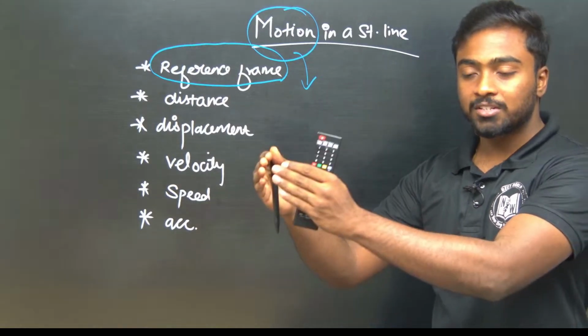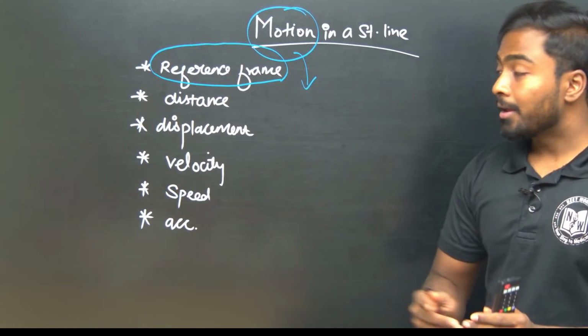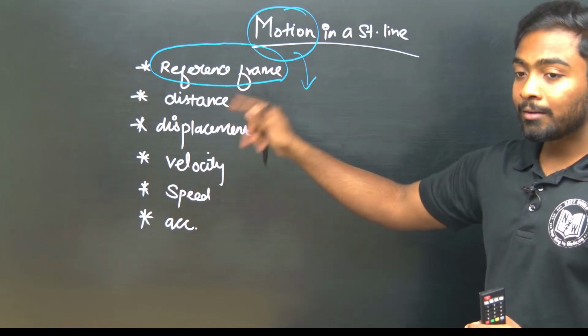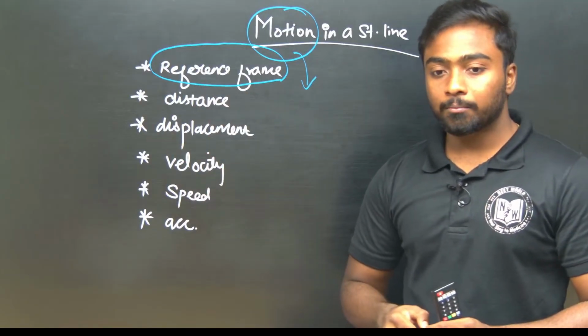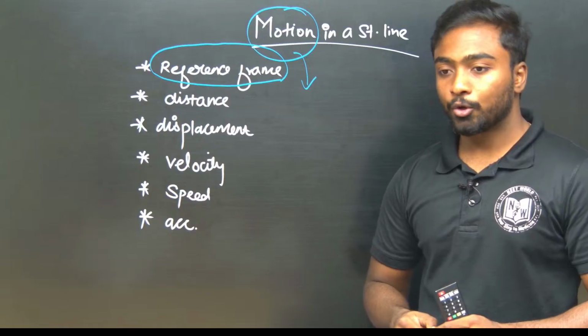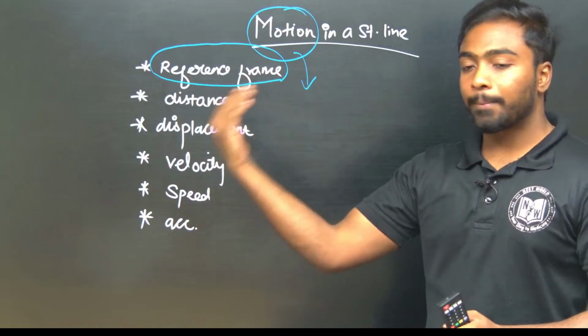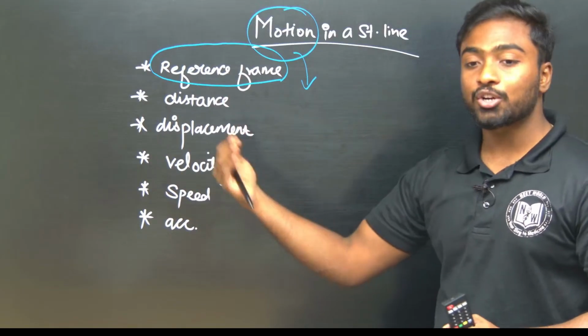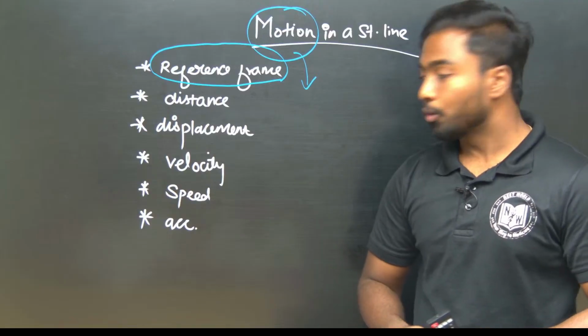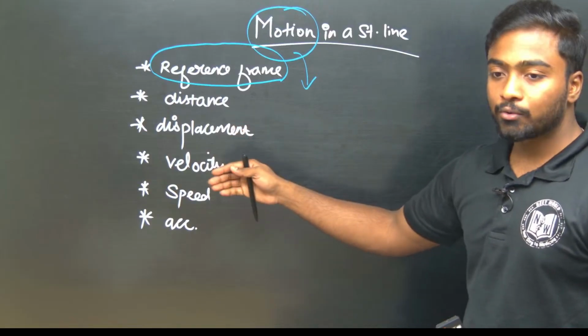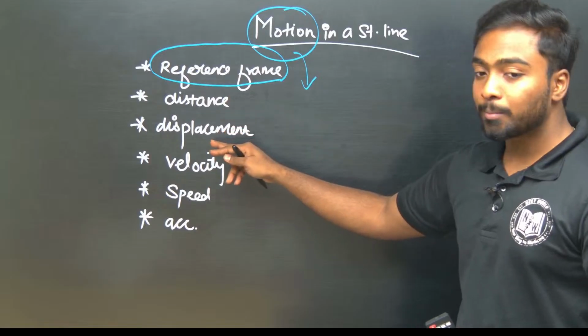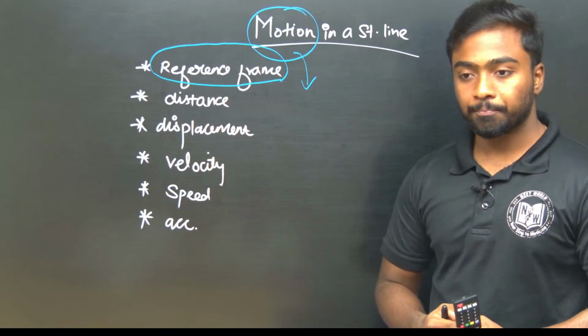In distance the actual path travelled is the main thing, in displacement the shortest path. We have seen the unit for both distance and displacement is meter.